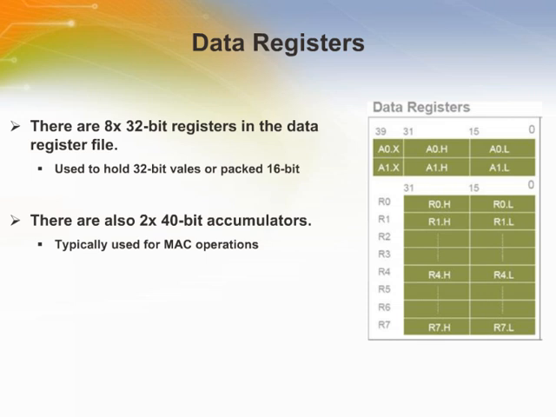The R0.H and R0.L, for instance, correspond to the upper and lower halves of the R0 register, which could hold two 16-bit values. We also have a pair of 40-bit accumulators, A0 and A1, which are typically used with multiply-accumulate operations to provide extended precision storage for the intermediate products.